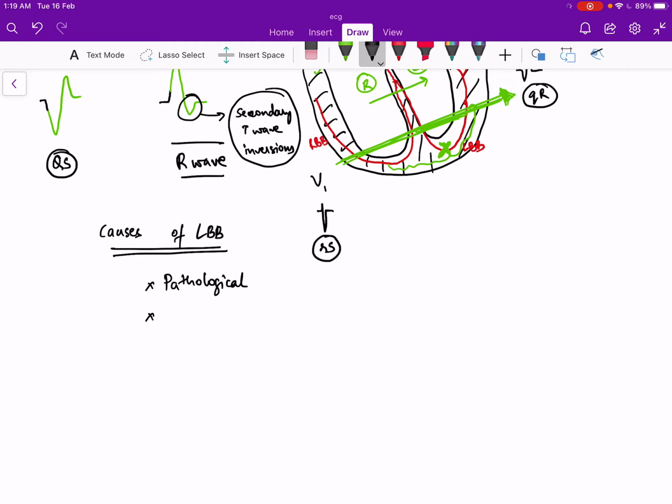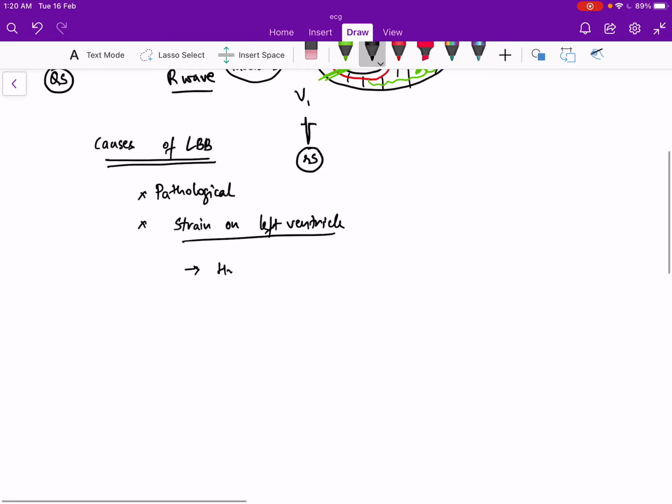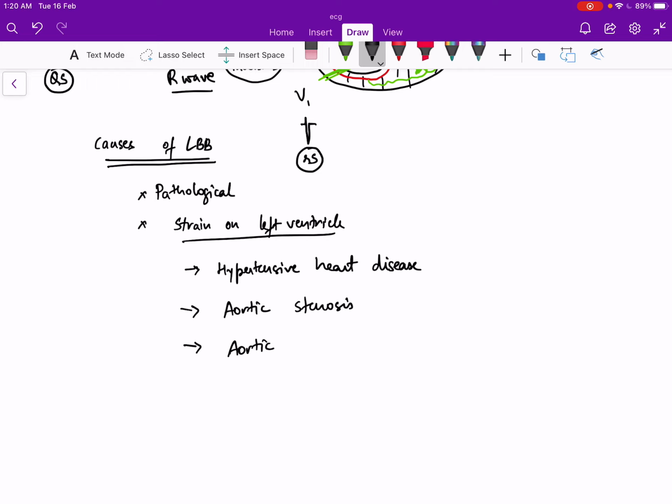It denotes strain on the left ventricle, which can be seen in hypertensive heart disease, aortic stenosis, aortic regurgitation, or cardiomyopathy, which can be ischemic or dilated.